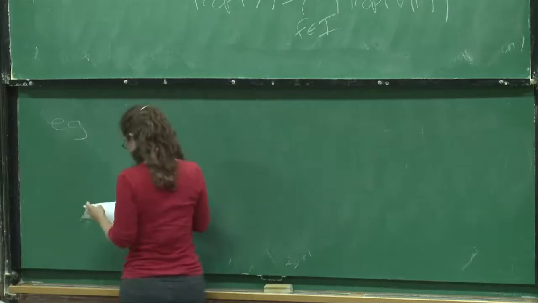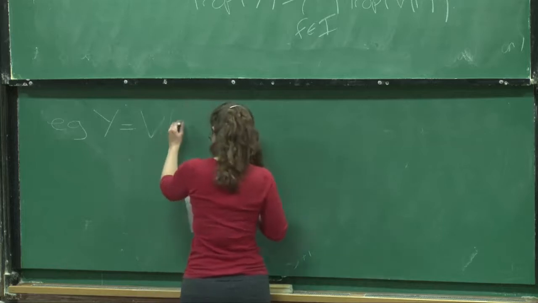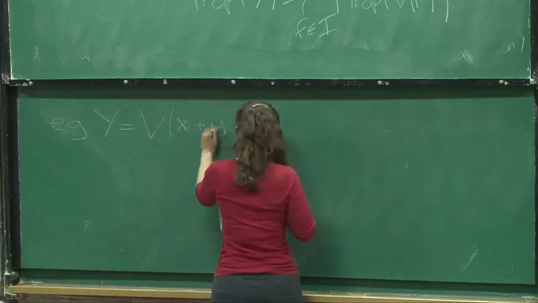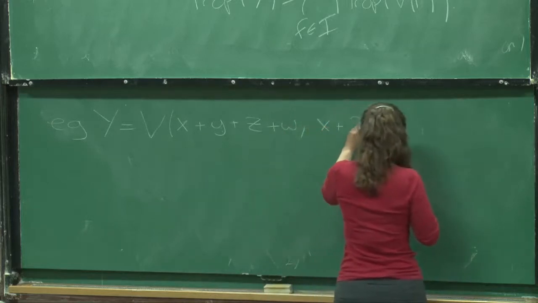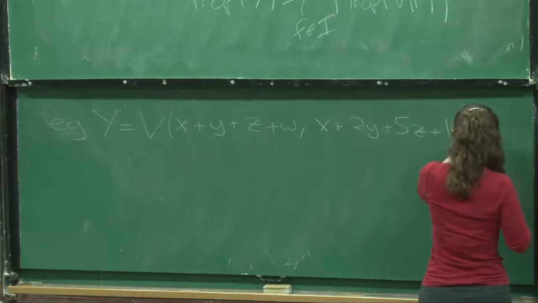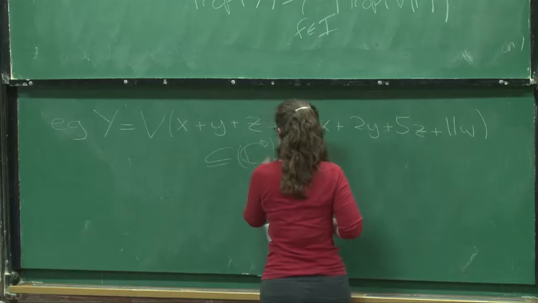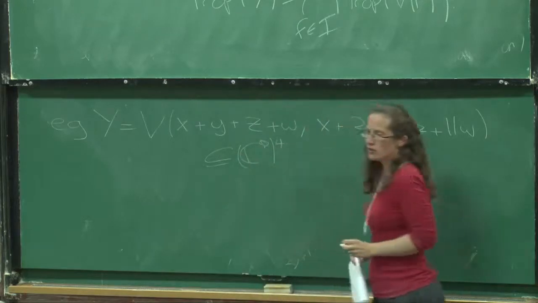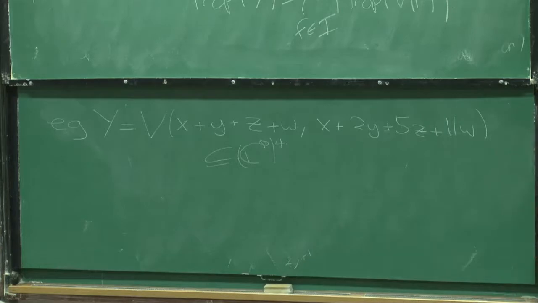If I take Y to be what looks to be something very boring, we'll take x plus y plus z plus w and x plus 2y plus 5z plus 11w in (C star) to the fourth. Okay, so you look at this, and this is just C with the usual trivial valuation, so forget about valuations for a moment.